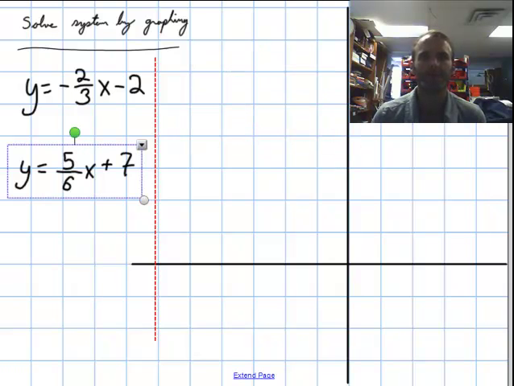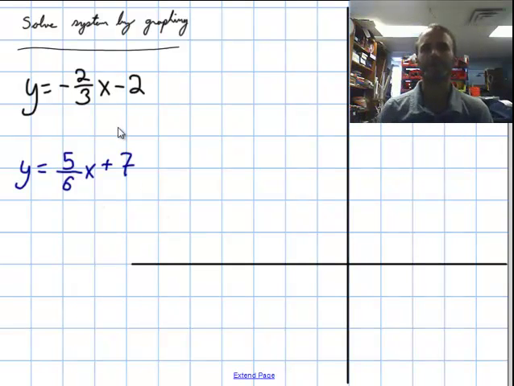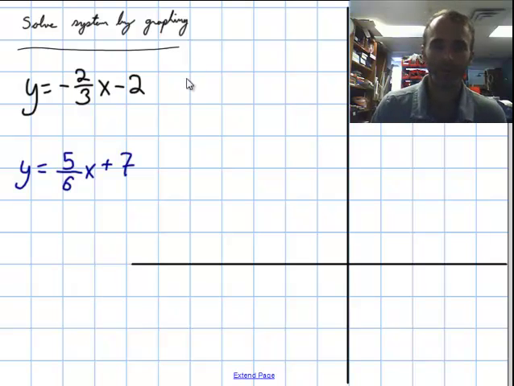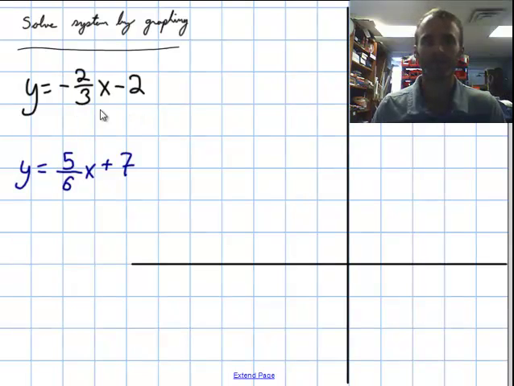Let's see if I can change this to a different color so that we can differentiate these. Alright, here's our two graphs. Now remember, we can graph multiple ways. A way that always works is creating a table and picking values and solving for the dependent variable. But let's use slope-intercept, since these are in slope-intercept form. Let's graph this equation.